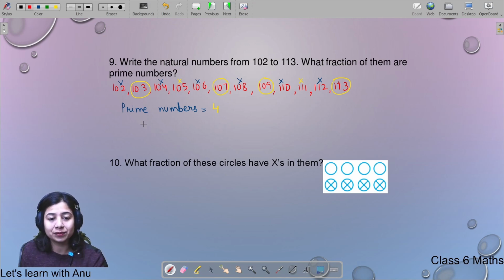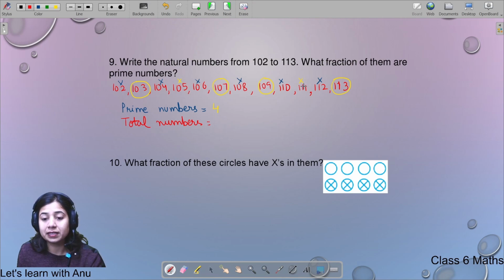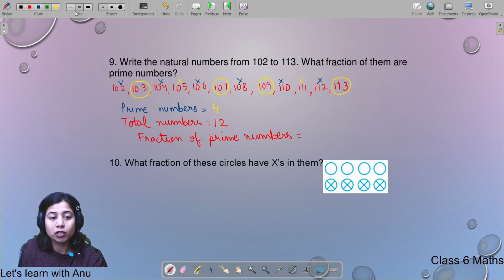Total numbers are, let's count the numbers here. 3, 6, 9, 10, 11, 12. So total numbers are 12. So fraction of prime numbers, right? As we already know, class, fraction is written as what they have asked, prime numbers, upon total numbers, right?